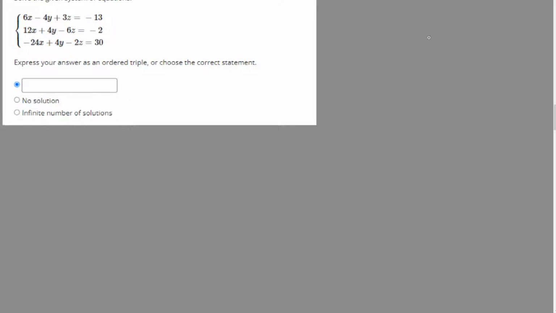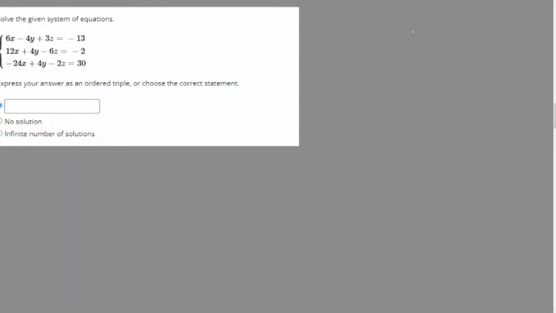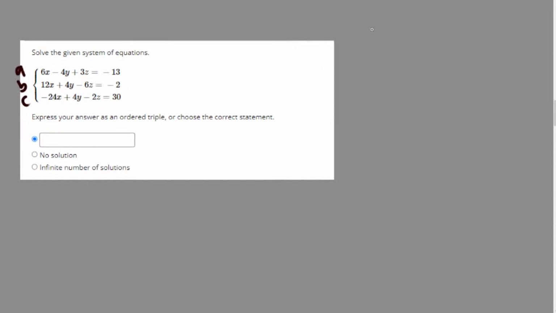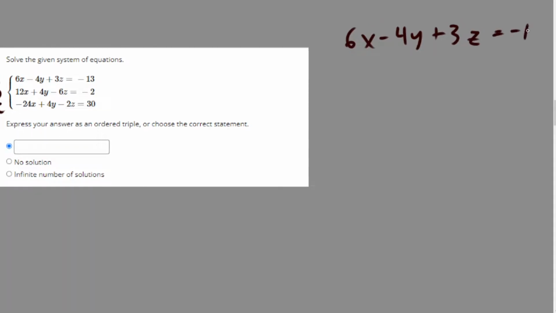I'm going to do this one, again, more in depth. So what I can see is, I think it would be easiest to get rid of our y's, because all of them are either 4y or negative 4y. So I'll take a, b, and c. I'll take a and b first. So 6x minus 4y plus 3z is equal to negative 13.